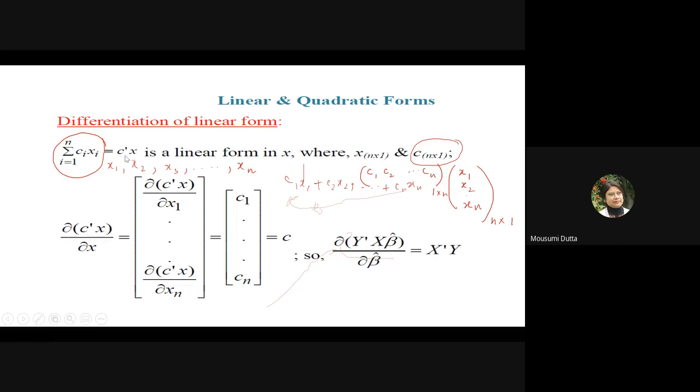Here, starting from c prime x, when I take the column-wise derivative, I am getting the original column of order n by 1, that is c. So with respect to beta hat, I'll get x prime y. Getting the point? Yes, ma'am.